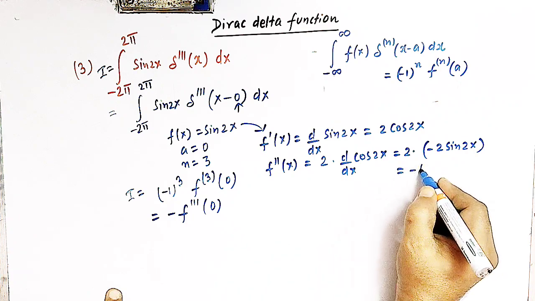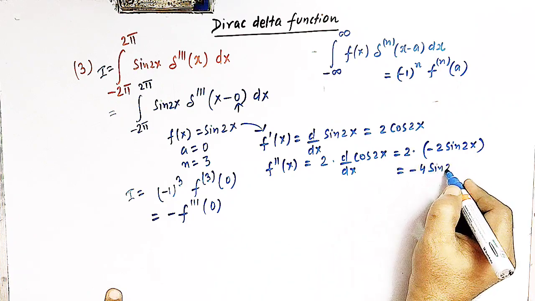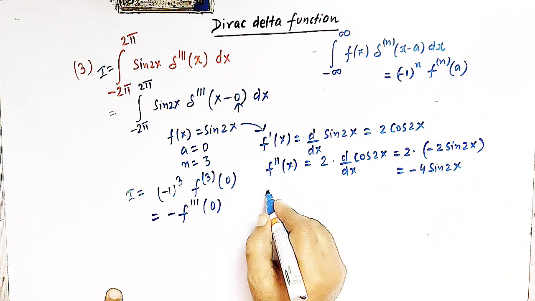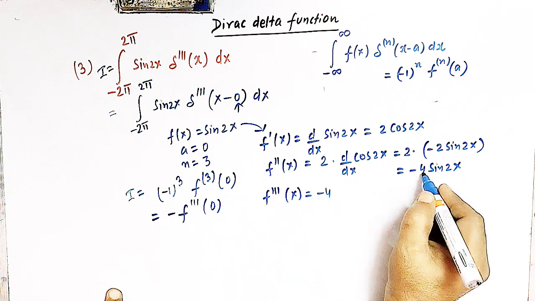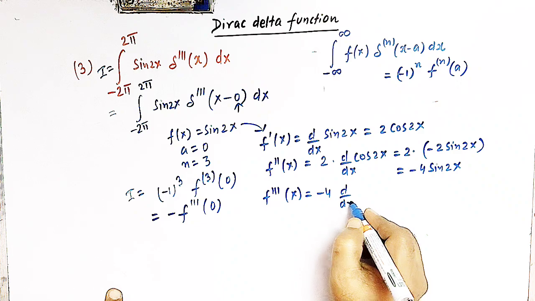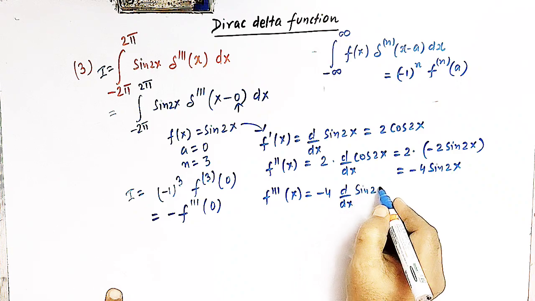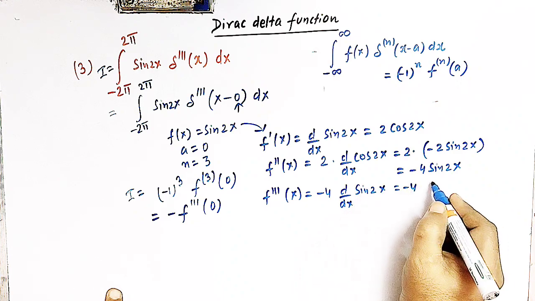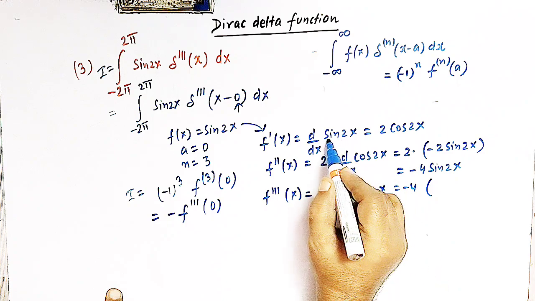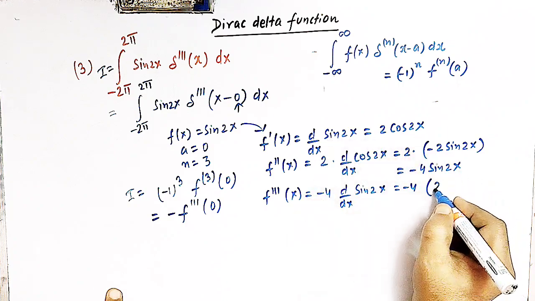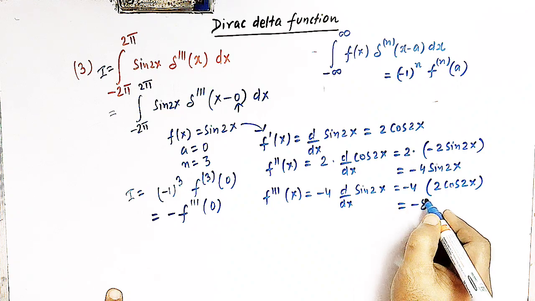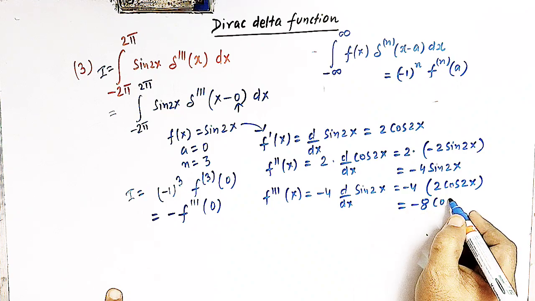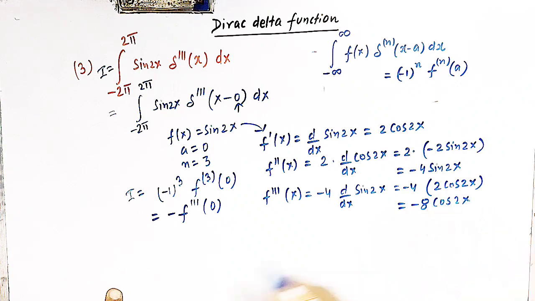So this is minus 4 sine 2x. Now the third derivative is equal to minus 4, and then we have the derivative of sine 2x. So we have minus 4. The derivative of sine 2x is equal to 2 cos 2x. So this is minus 8 times cosine 2x, right?